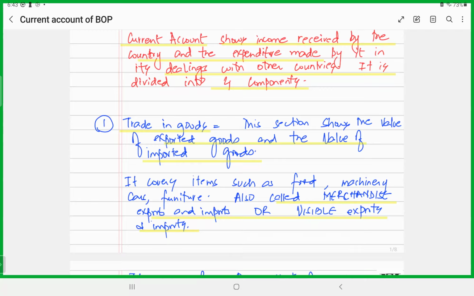It covers items such as food, machinery, cars, furniture, that means durables as well as perishables. It's also called merchandise exports and imports or visible exports and imports. Since it's only dealing with goods, that is why it's also referred to as visible exports and imports.